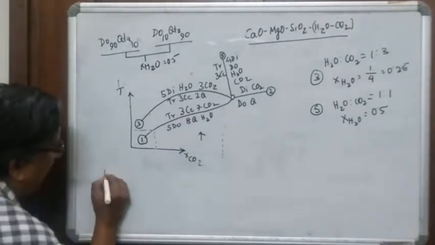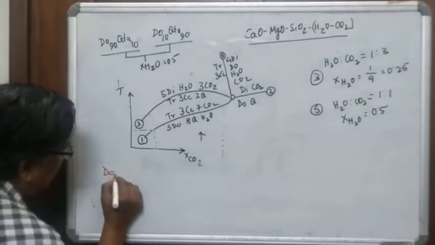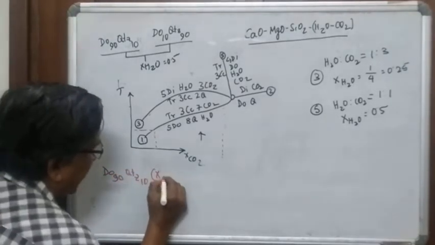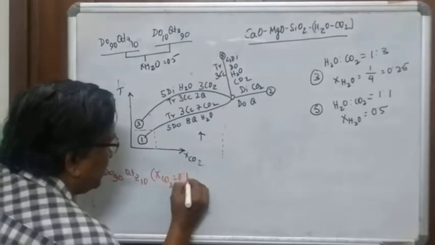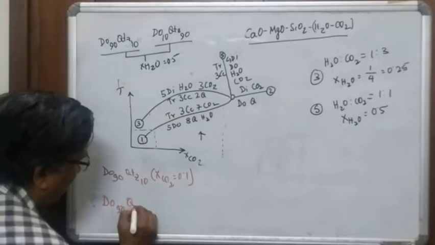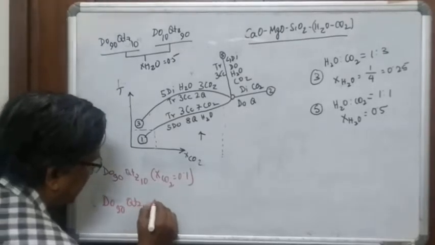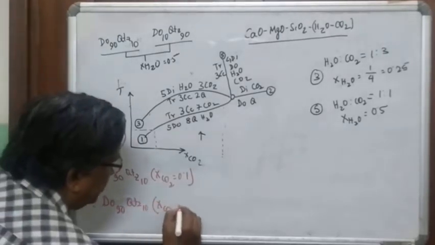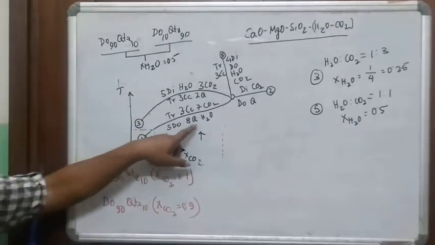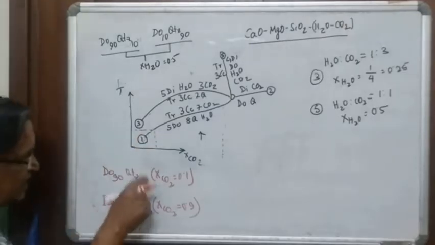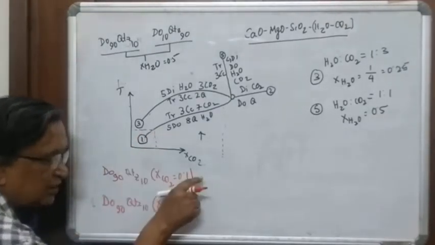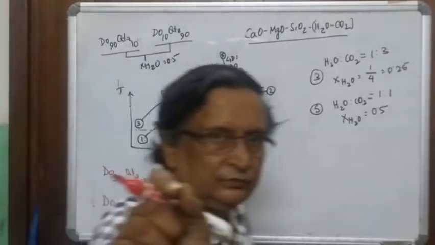Let's say you have dolomite 90, quartz 10, XCO2 0.1. And the same rock, dolomite 90, quartz 10, XCO2 0.9. Dolomite and quartz will react at low temperature in hydrous conditions.